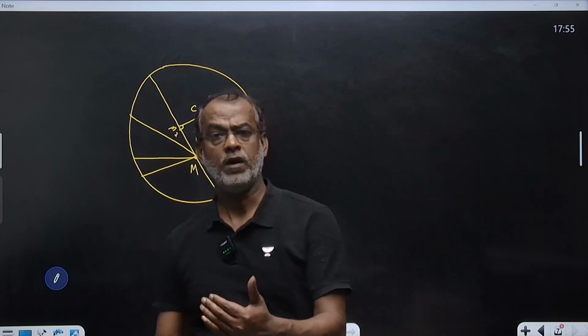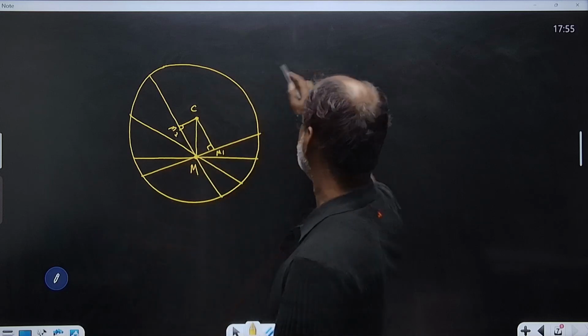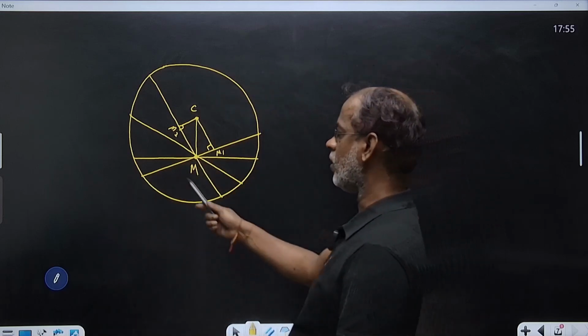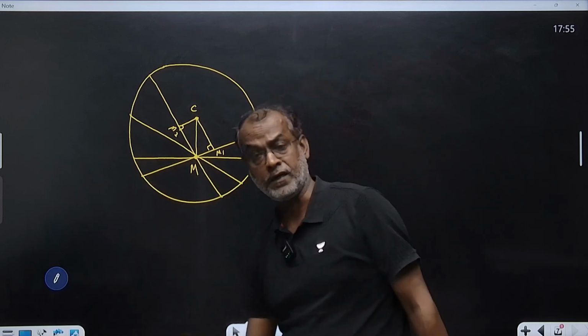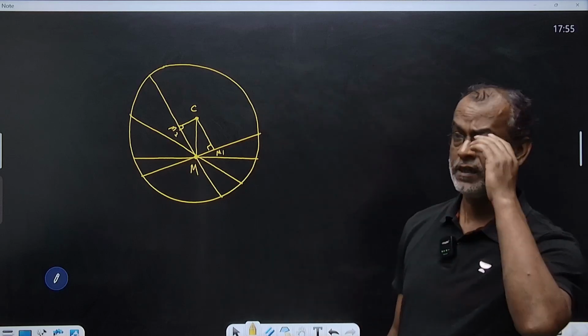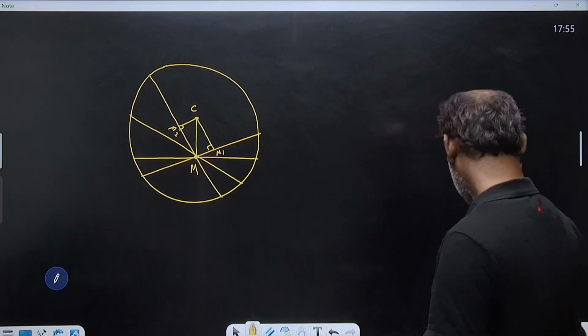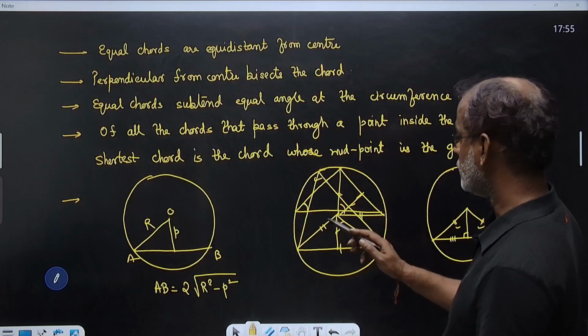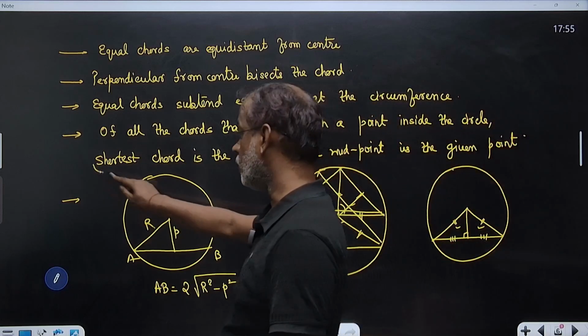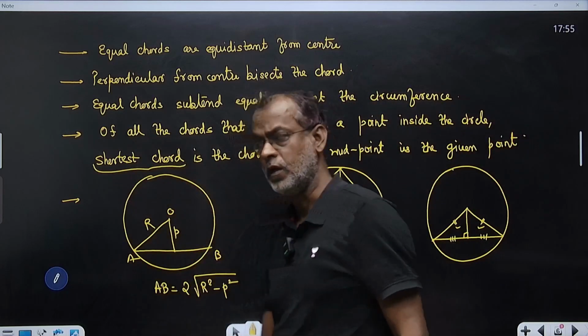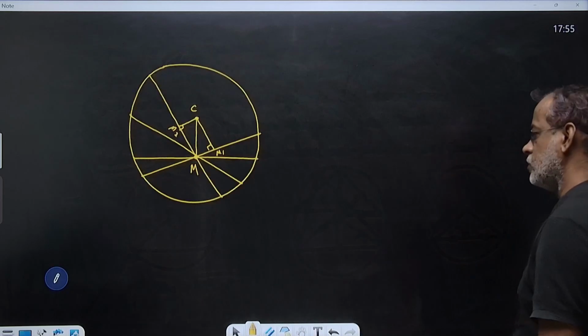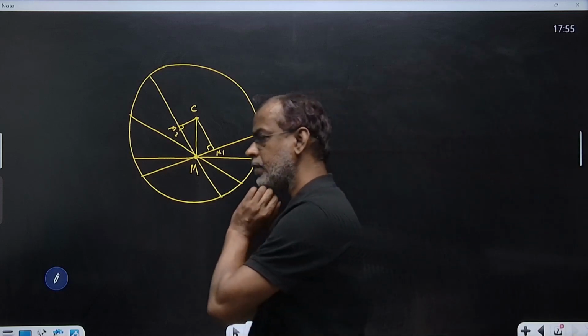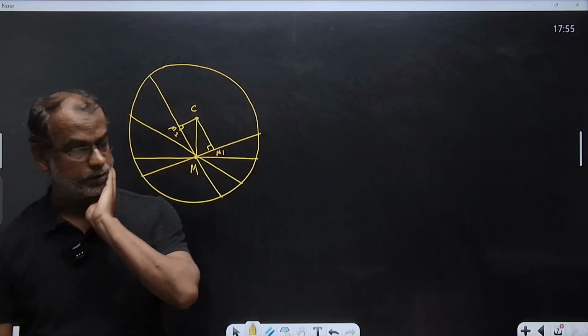The nearer the chord is, the lengthier it is. So, this is the chord which is going to be farthest from the center. The farther it is from the center, the shorter it is. So, that is what we are saying: this is the shortest chord of all the chords that pass through a point inside the circle. The shortest chord is the chord whose midpoint is the given point.